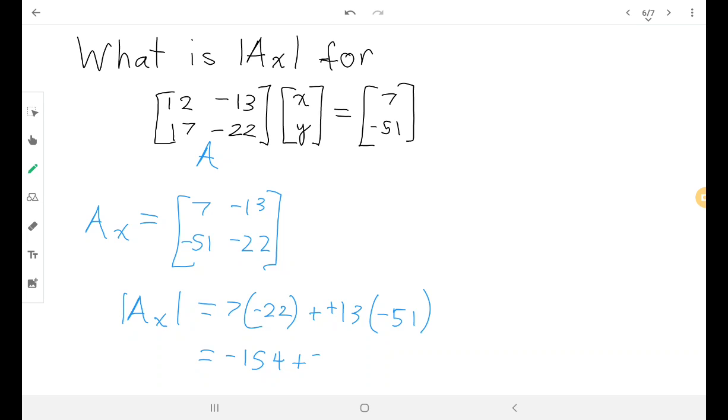And then maybe I'll do some side work here for 13 times 51. That's 3, 1, put a 0, 15, carry the 1. 5 times 1 is 5, plus 1 is 6. So 663.